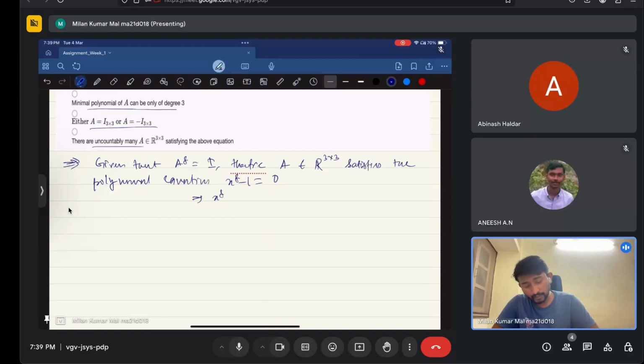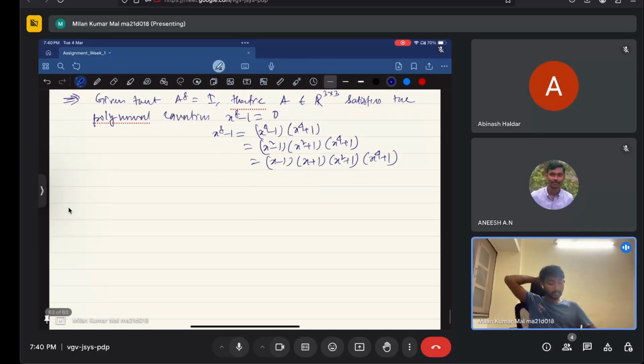But x to the power 8 minus 1 can be written as (x to the power 4 minus 1)(x to the power 4 plus 1), that can be written as (x square minus 1)(x square plus 1)(x to the power 4 plus 1), that can be written as (x minus 1)(x plus 1)(x square plus 1)(x to the power 4 plus 1).